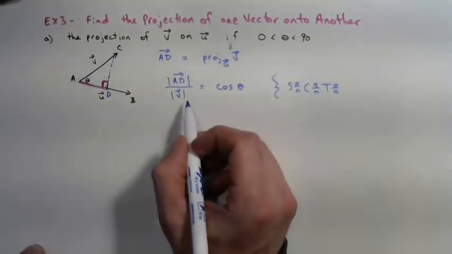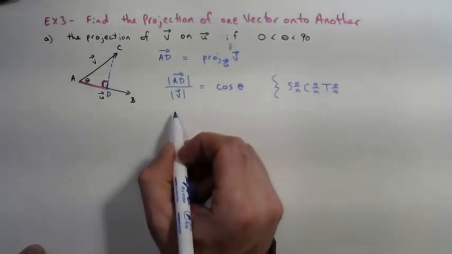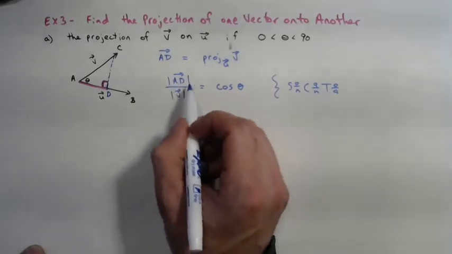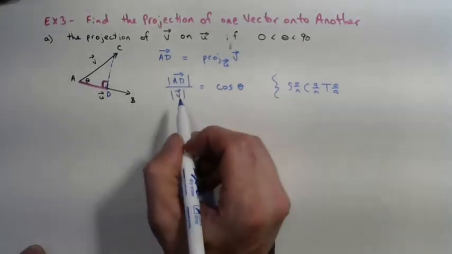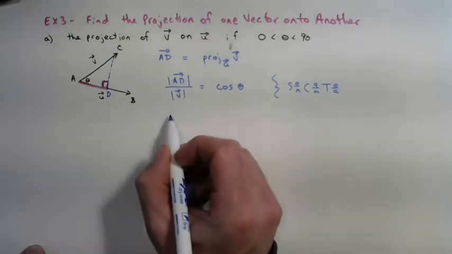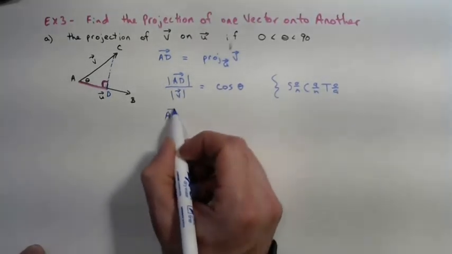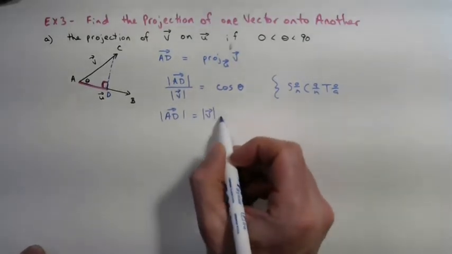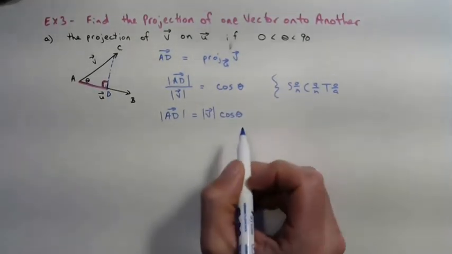From here, in order to isolate the magnitude of AD, I'm going to multiply both sides by the magnitude of V. So we're going to be left with AD equals magnitude of V times the cosine of theta.